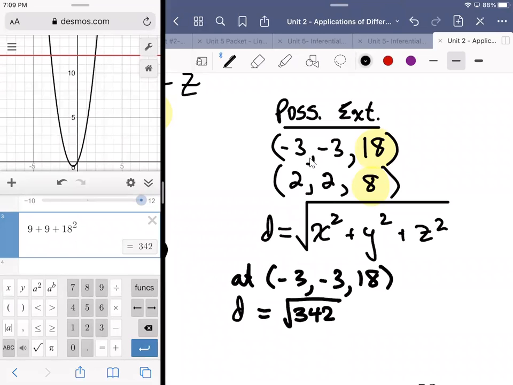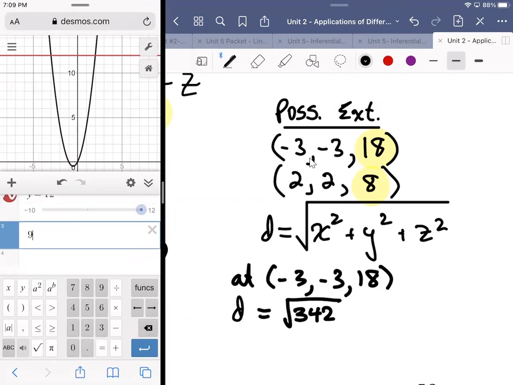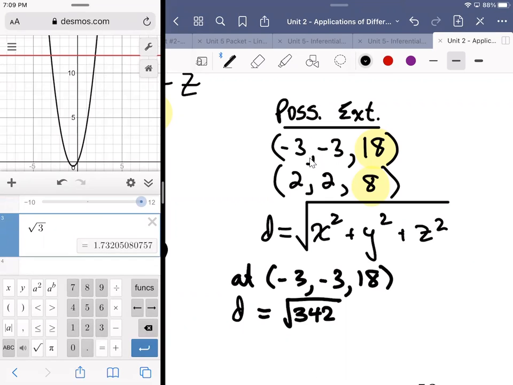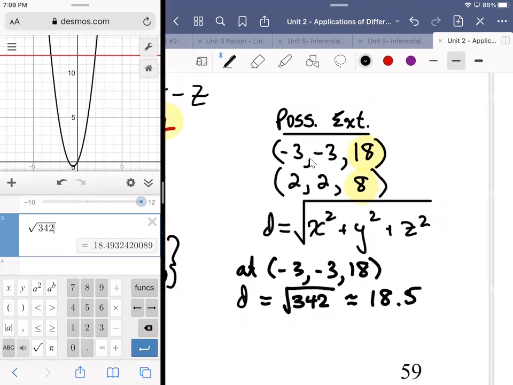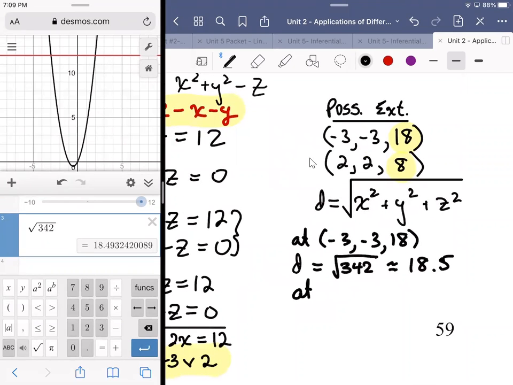Sounds pretty big. All right, so 3, 4, 2, 4, 2. So it's about 18.5. And if we do it at 2, 2, 8, d is going to be like a 64 plus a couple of 4s, which is root 72.